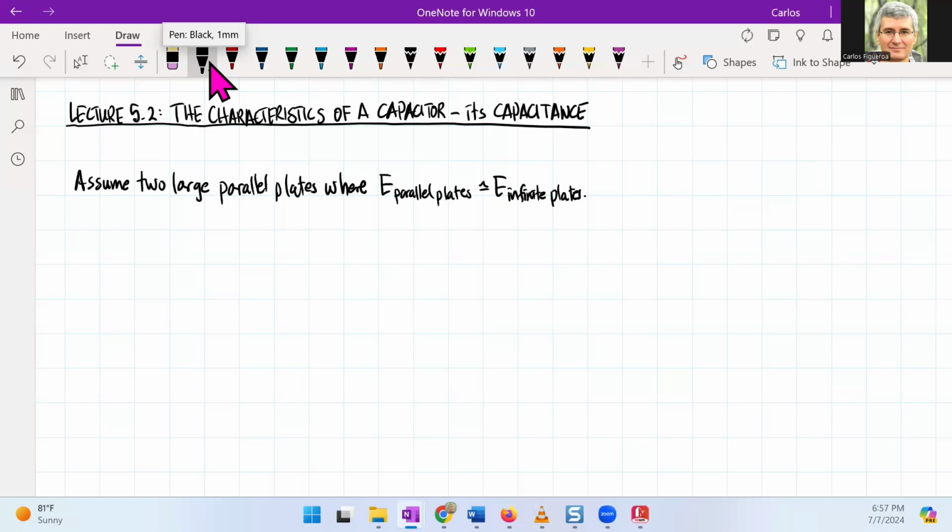So what that really tells us is that we're looking in the middle of the capacitor.